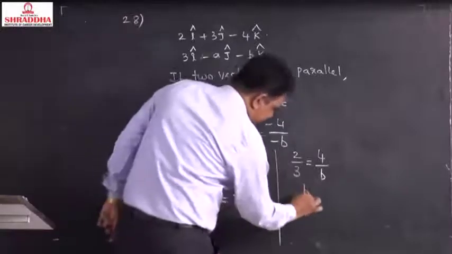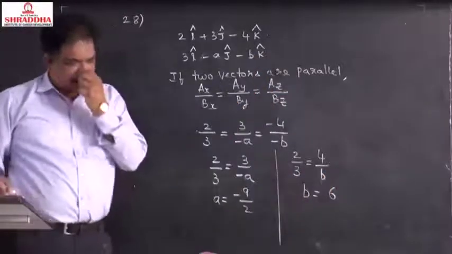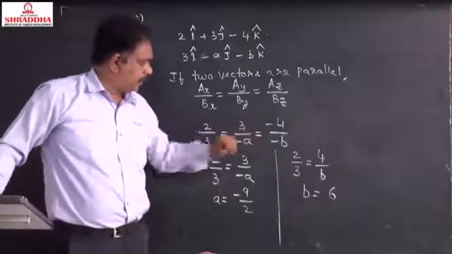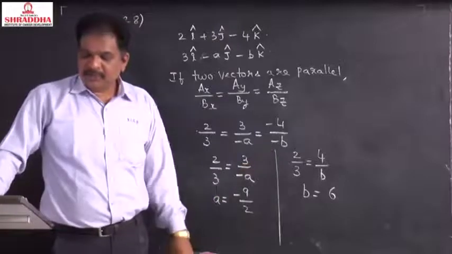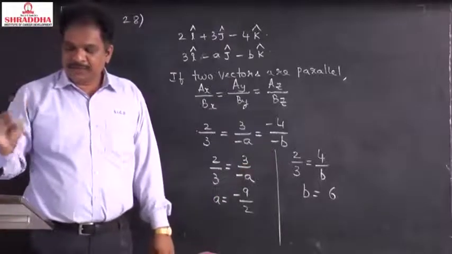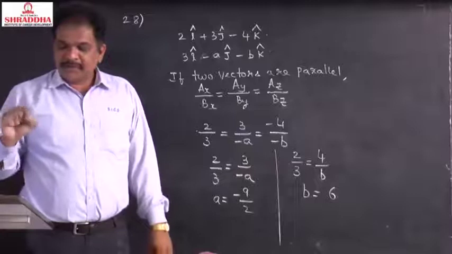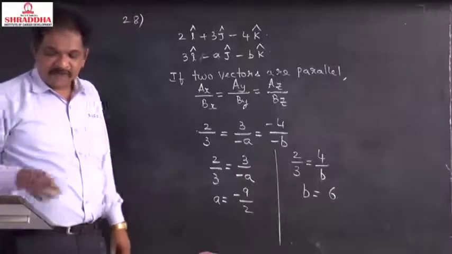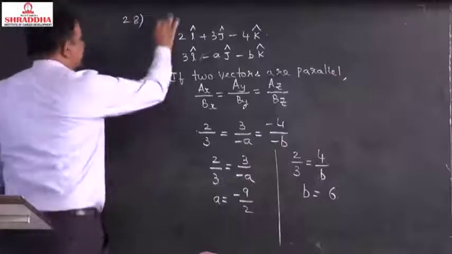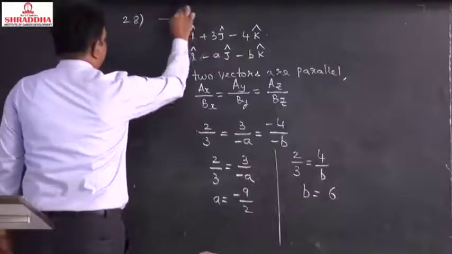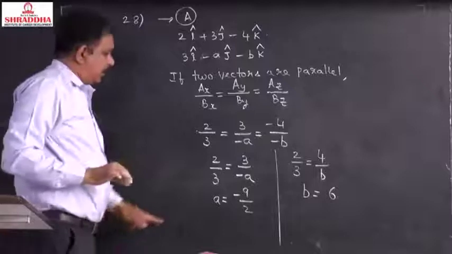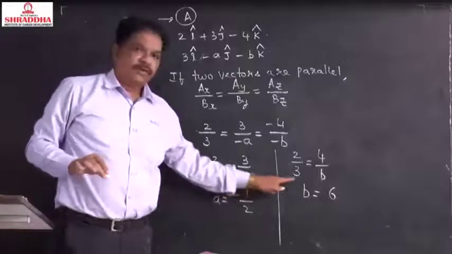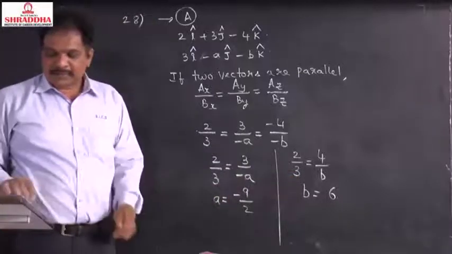Then b is equal to 6. Modify the first option. B is equal to plus 6, not minus 6. Modify that. Then 28, it will be A. A is equal to minus 9 by 2. B is equal to 6.